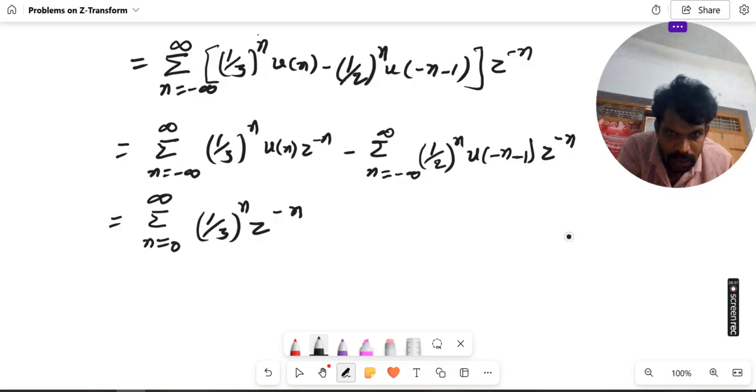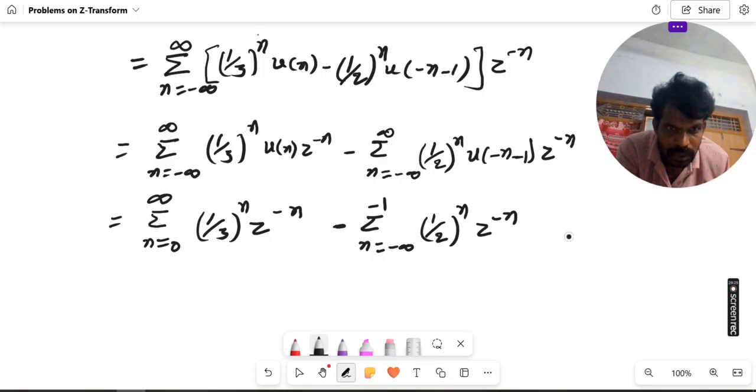Next, here we have the u of minus n minus 1, whose limits will change like this. Summation n is equal to minus infinity to minus 1, 1 by 2 power n into z to the power of minus n.